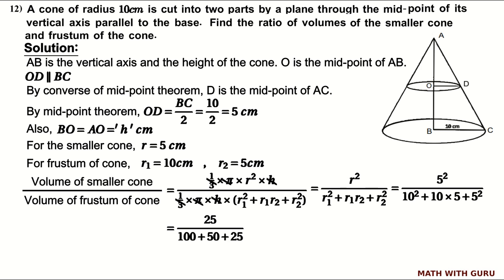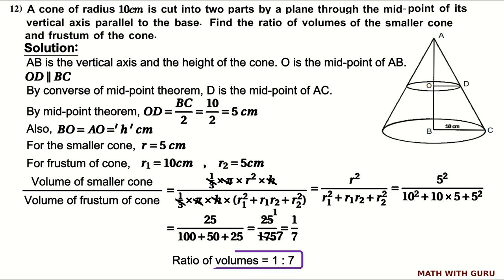This is equal to 25 divided by 100 plus 50 plus 25, 25 divided by 175. 25 ones are 25, 25 sevens are 175. This is equal to 1 by 7. Therefore, ratio of volumes equals 1:7.